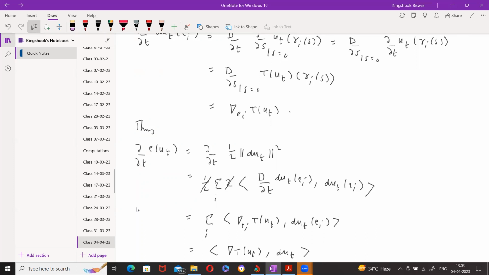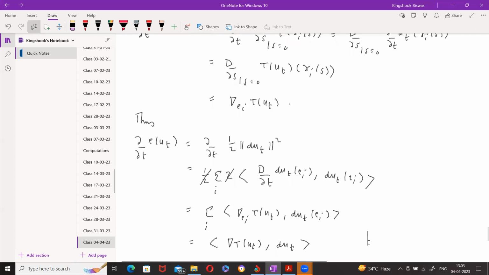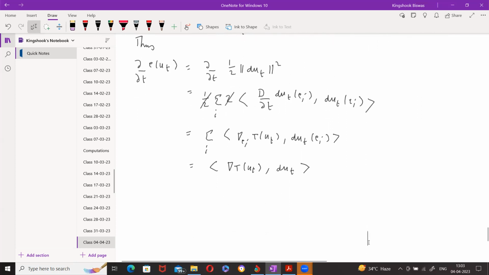And by the Bochner-Weitzenböck formula, this is one of the terms which comes in the formula, this inner product of nabla tau with du. So this is going to be the Laplacian of the energy of u_t, right?